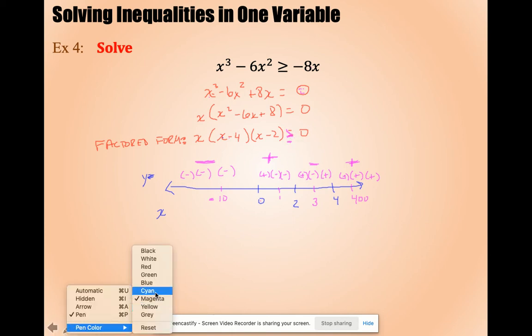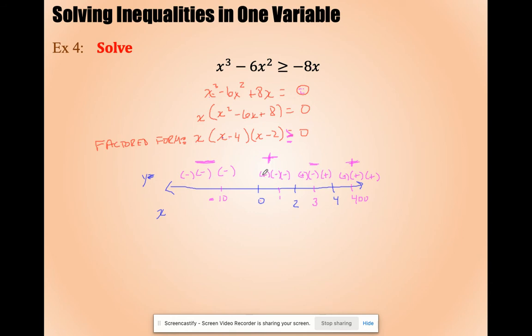And where are those? I can see them. So from 0 to 2, all the infinite numbers in there, and then from 4 and above, all the infinite numbers there. Yes, you can write union. Yes, you can write this a lot of different ways. Don't care, as long as you can read it any way that is given to you.